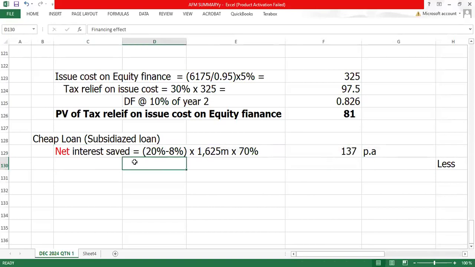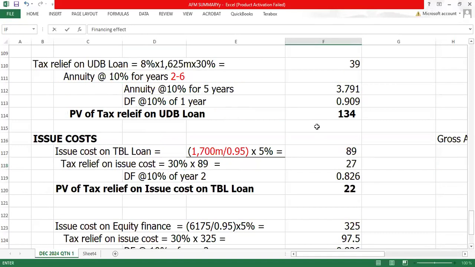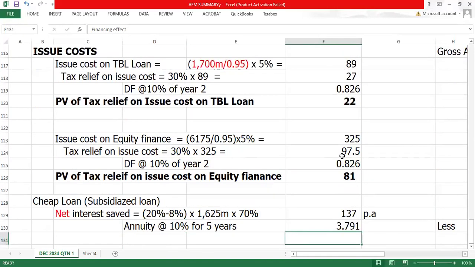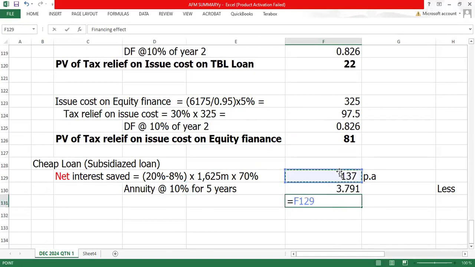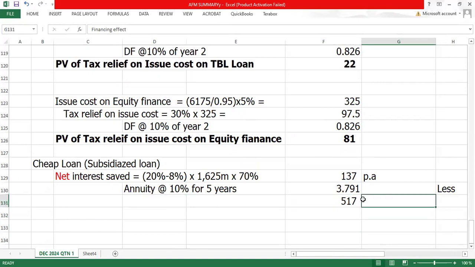Here you go ahead and discount, you get your annuity. If it was for 5 years, you multiply by the annuity of 5 years. We had that annuity of 5 years here. So you get the net. You apply this only if you're dealing with a question where tax is claimable in the year profits are made.